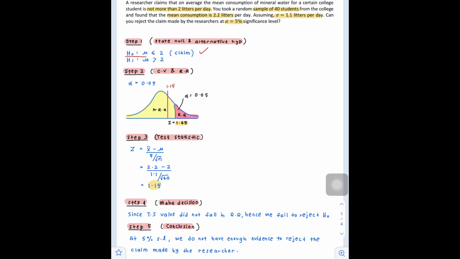You are saying the claim is true. The question asks, can you reject the claim? Of course not, because the claim is true. So how can you say? At 5% significance level, we do not have enough evidence to reject the claim made by the researcher. That's how you conclude. Make sure you answer back the question.